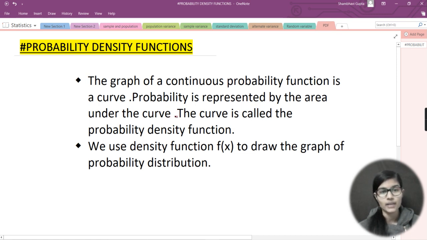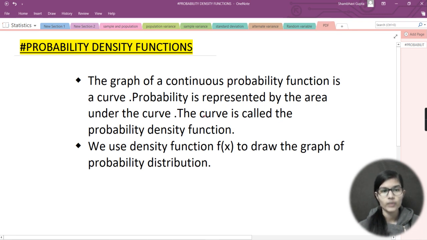We will see this using an example. Just first understand the definitions. The curve is also called the probability density function. So the curve which we make for continuous probability functions is known as the probability density function. I hope you have got an idea about what the probability density function actually is.